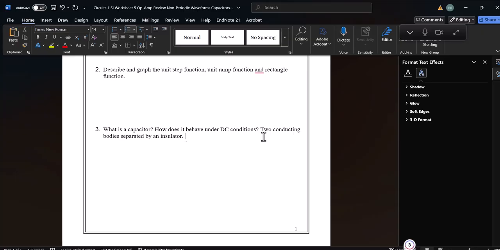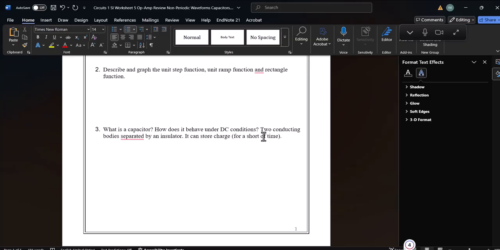And a capacitor can store charge for a short period of time. It'll discharge. It's not something like a battery. It usually just has it for a short period of time.